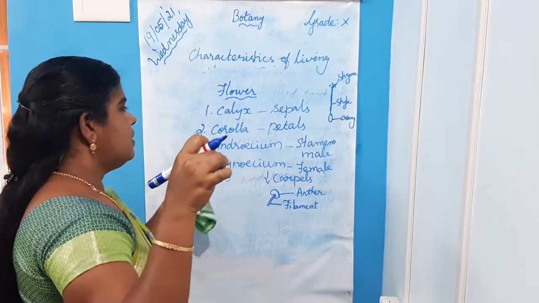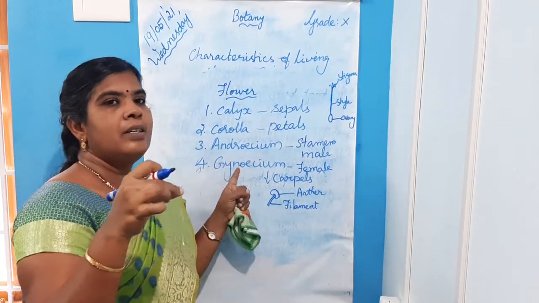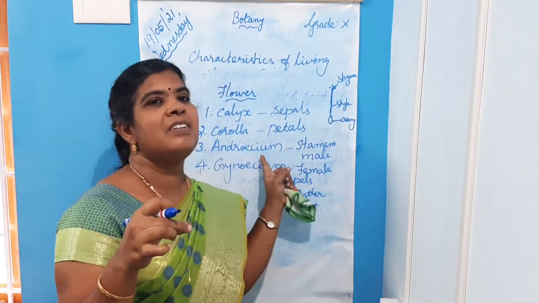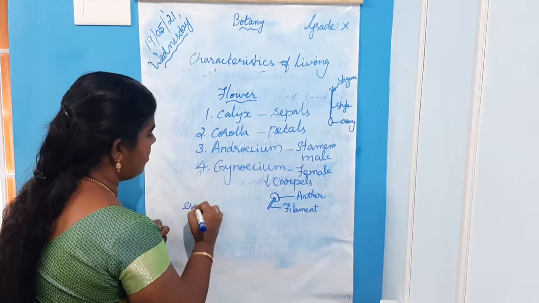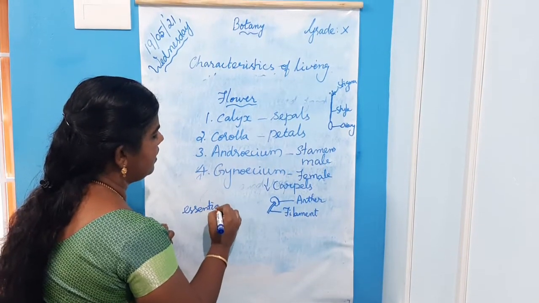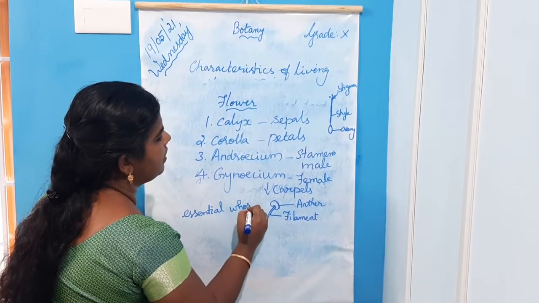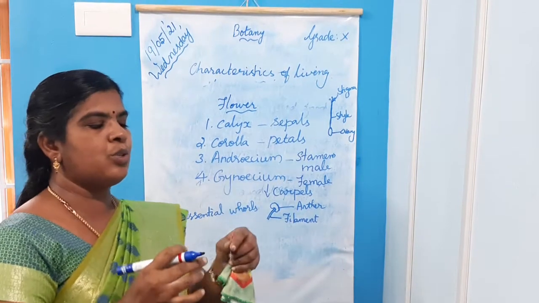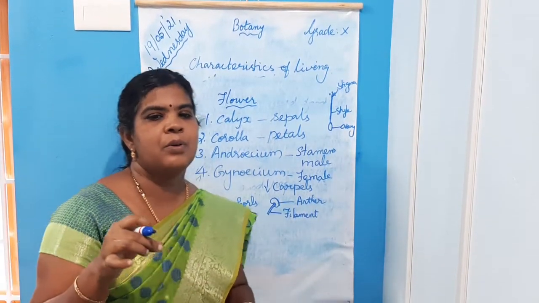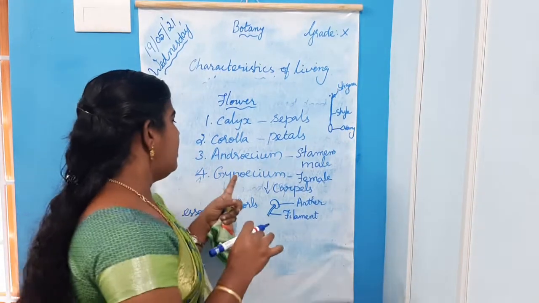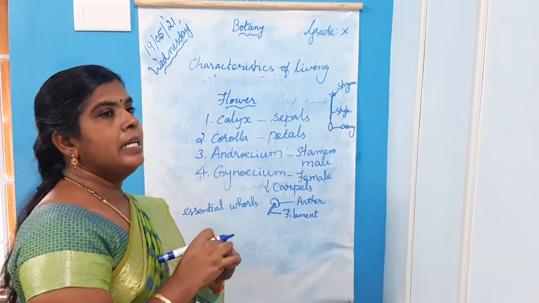Now listen. These two, androecium and gynoecium, are the essential whorls of a flower. Why? Because these two take part directly in reproduction.